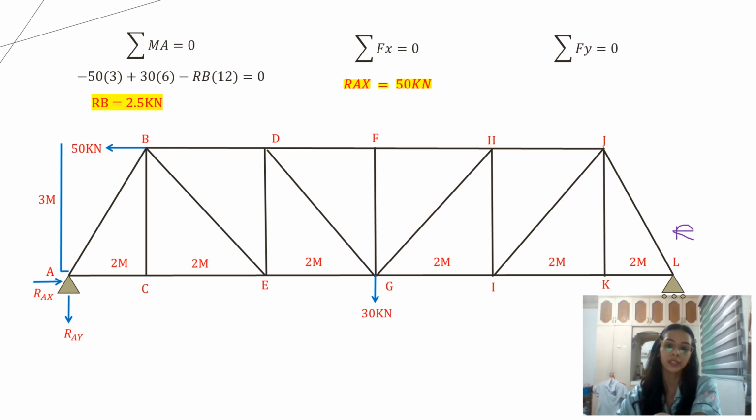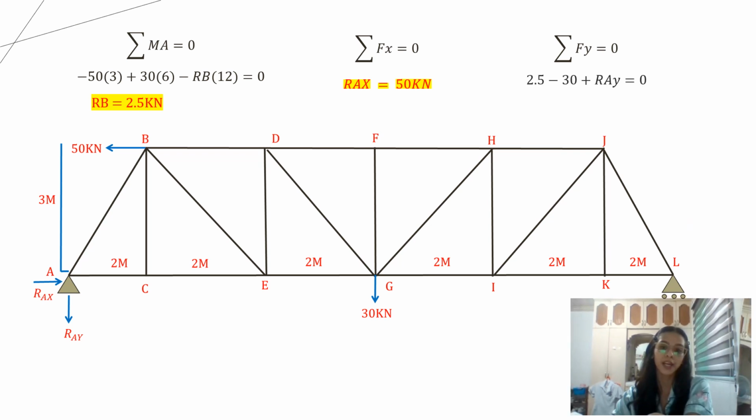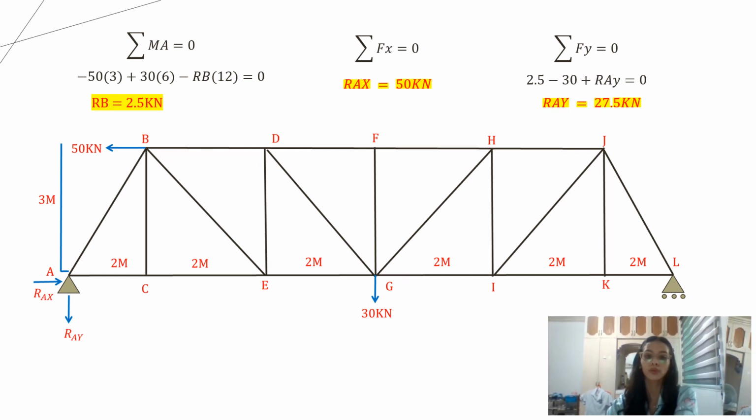Our RB is upward, so we have 2.5 minus 30. Our 30 is pointing downward, so it is negative, plus our RAY equals 0. Our RAY is 27.5 kilonewton.